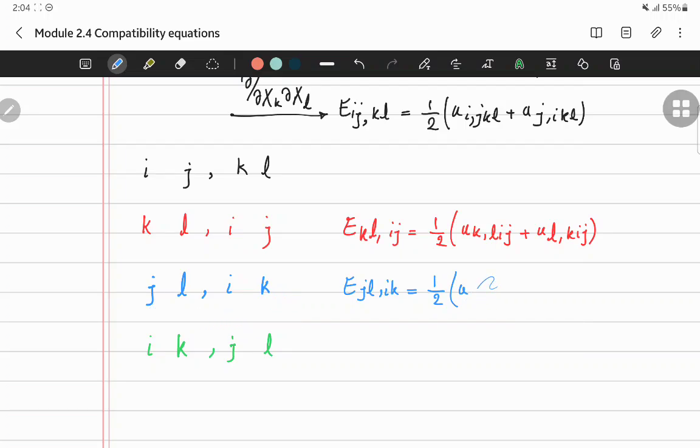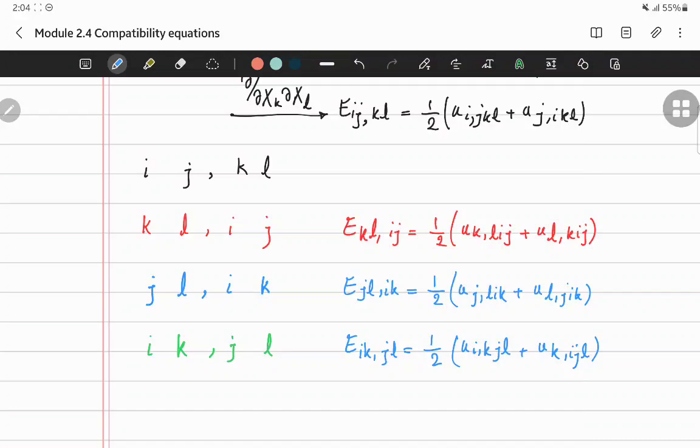So I have E_IJ... U_JLIK plus U_LJIK. Then I have E_IKJL, which is equal to half of U_IKJL plus U_KIJL.